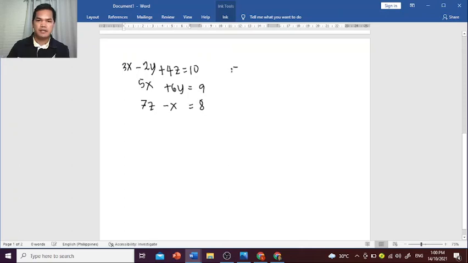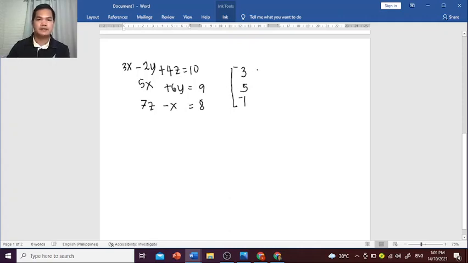So let us take its coefficient matrix. So we'll have the numerical coefficients of x: 3, 5, and then for the third linear equation, it is negative 1. It is important that we locate the placement of each of the variables.